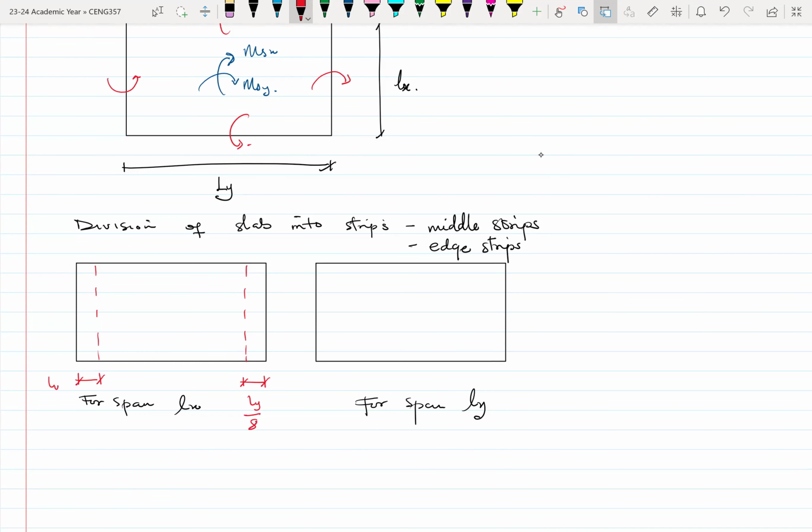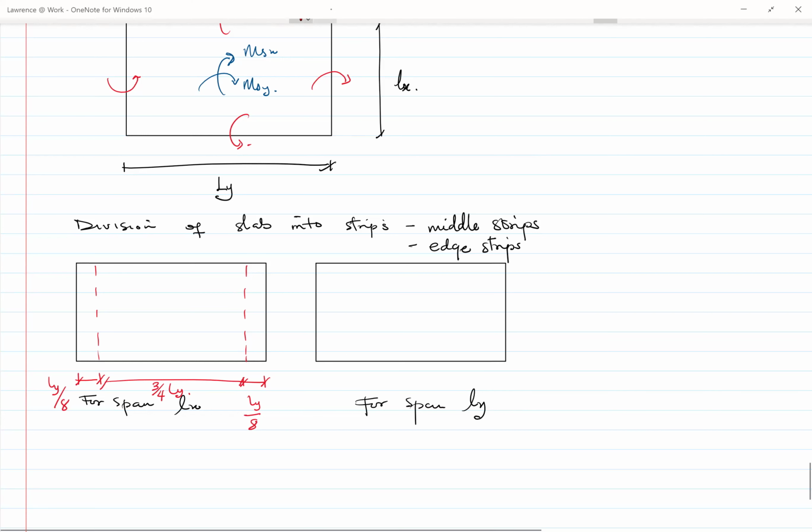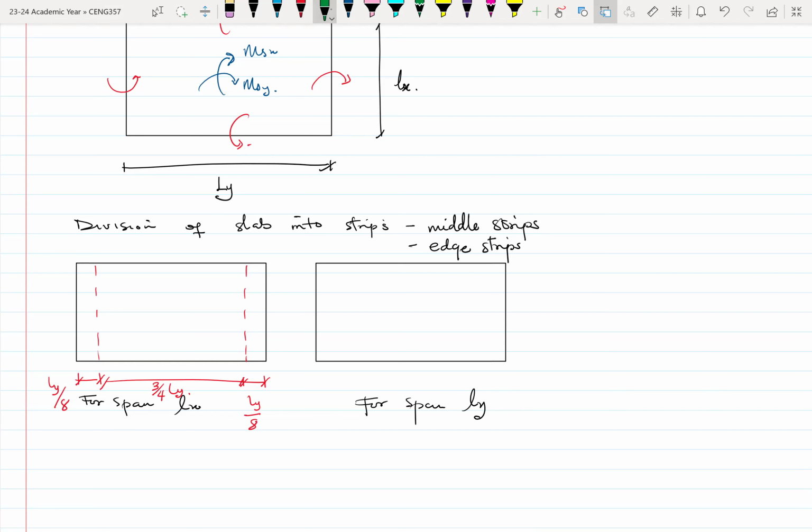Here is also Ly over 8. Then in between here is 3 over 4 Ly. So this is for span Lx. Then for span Ly, these are your strips.